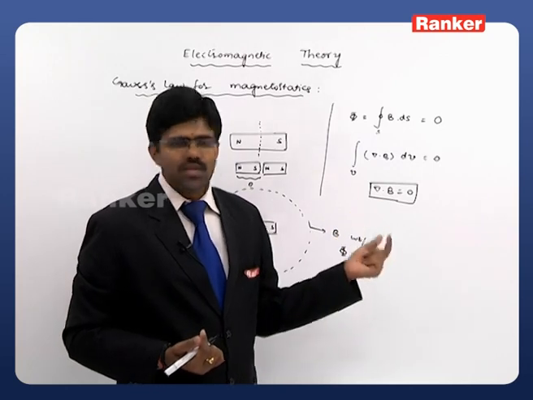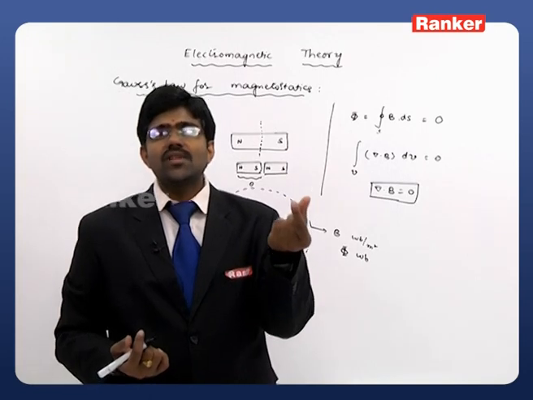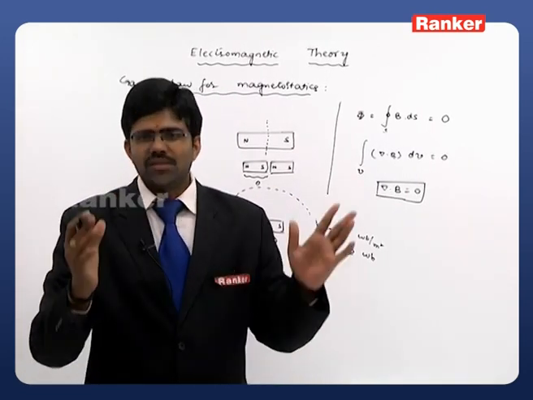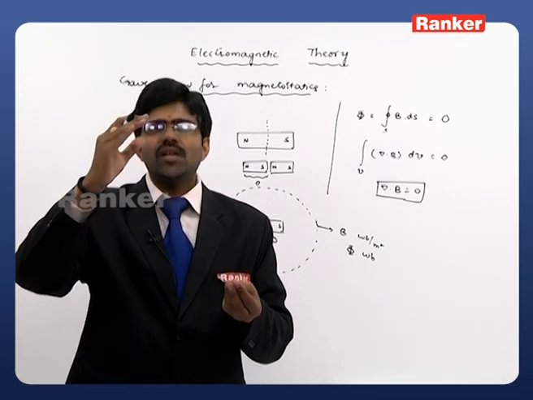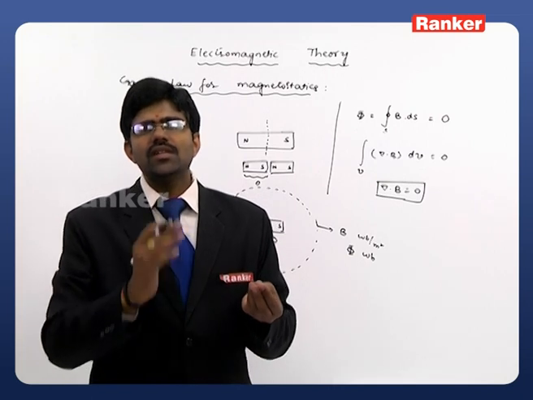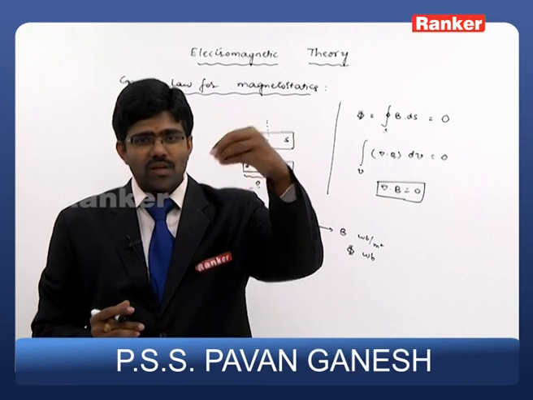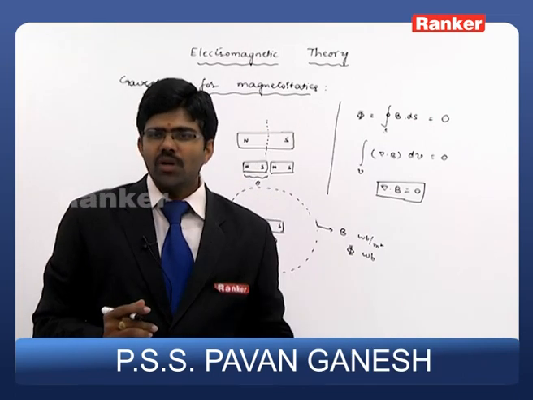Just interpret that equation. Del dot B is equal to 0: the divergence of magnetic flux density is 0. So the magnetic flux density is not diverging. Not diverging means that however much flux is leaving, the same amount of flux density is entering the same body. Clearly, the magnetic flux leaving from the body reaches the same body again.